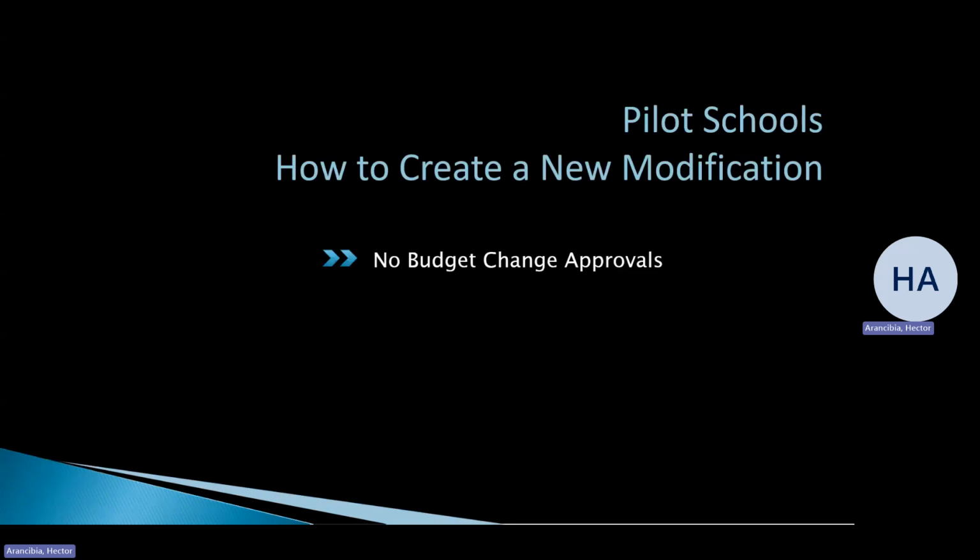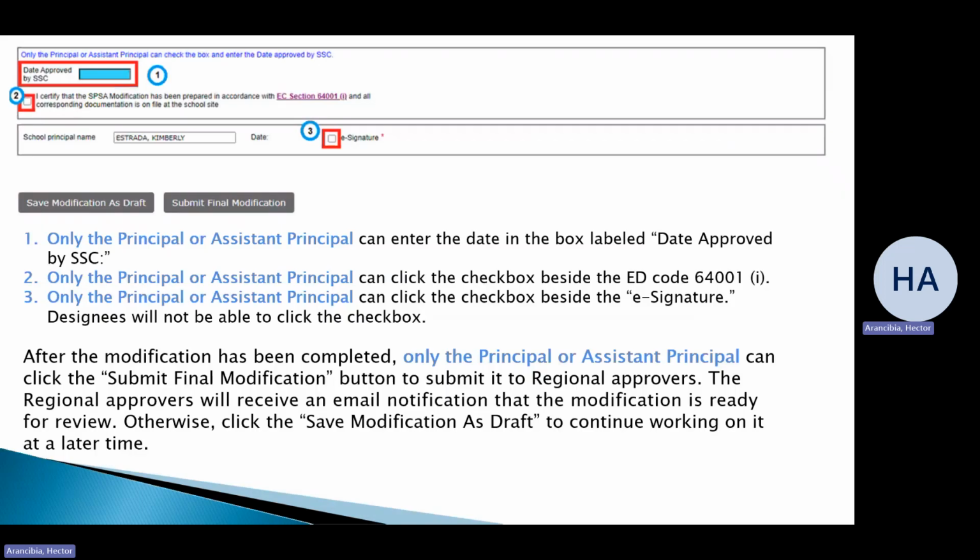Next, we'll go over the approval process for modifications that have no budget changes. Only the principal or assistant principal can enter the SSC approval date, the Ed Code certification, and the administrator e-signature, which are all required.